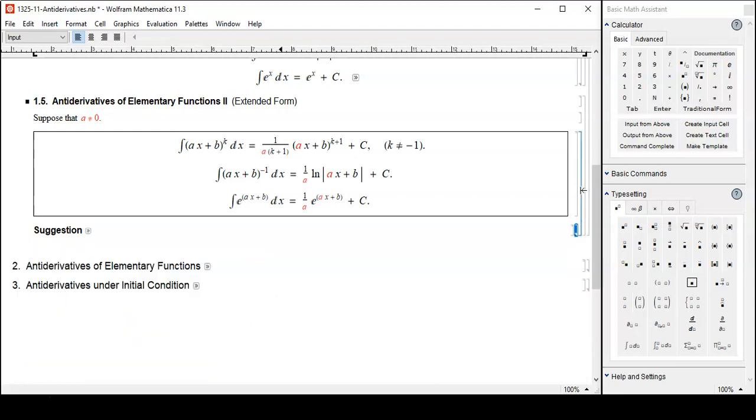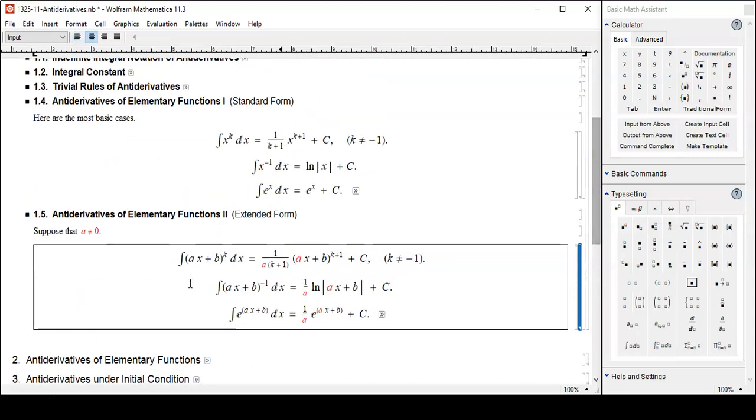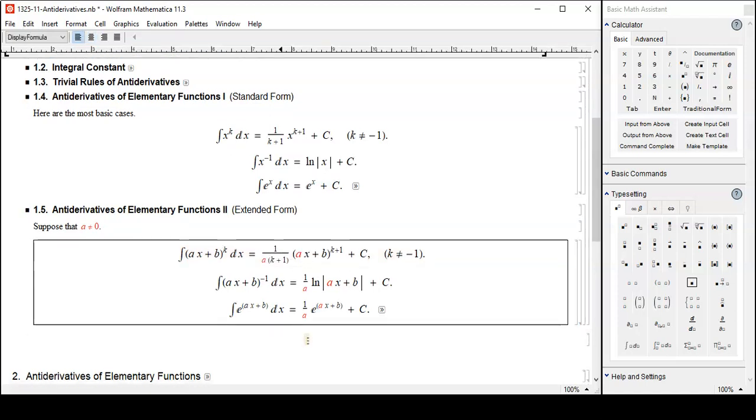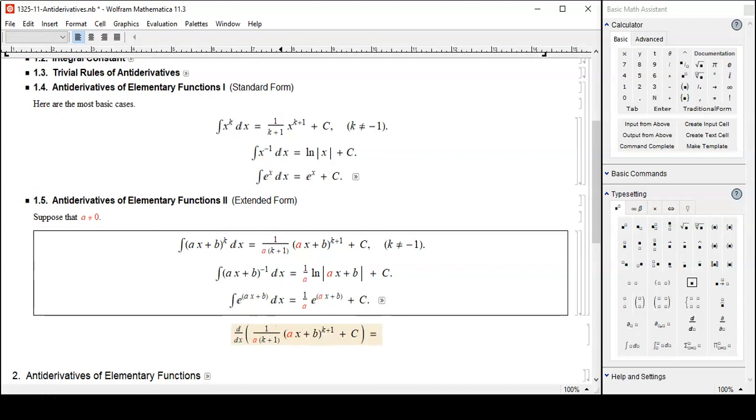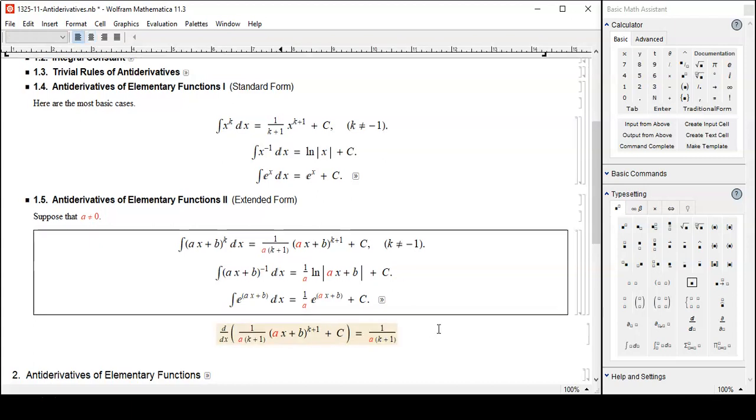Oh, I don't have any proof here. Okay, all right, let's start from here. And then, what do we get? Let's see, plus c will just disappear because that's constant. And then that's just coefficients, so it'll stay the same.